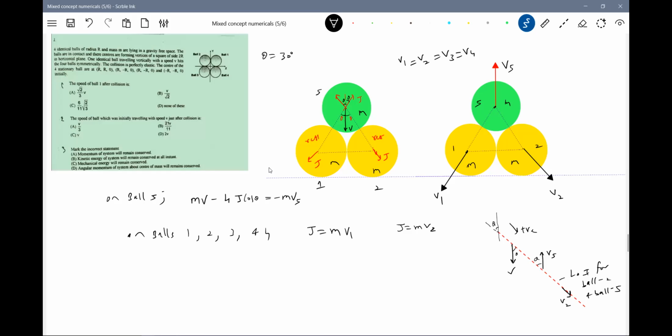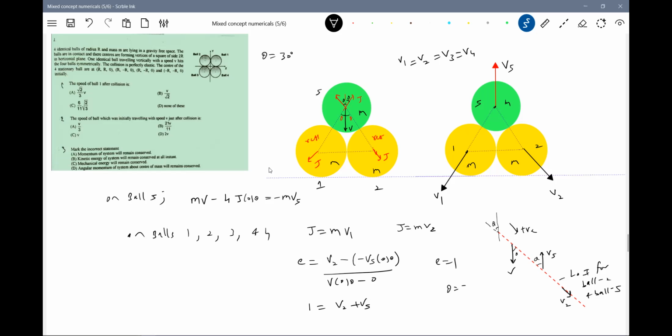Let's write E equal to velocity of the second ball, V2, minus V5 cos theta, by V cos theta minus 0, as E equal to 1. So therefore this will become 1 equal to V2 plus V5 cos theta by V cos theta.